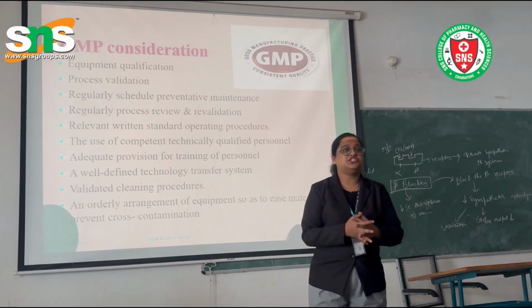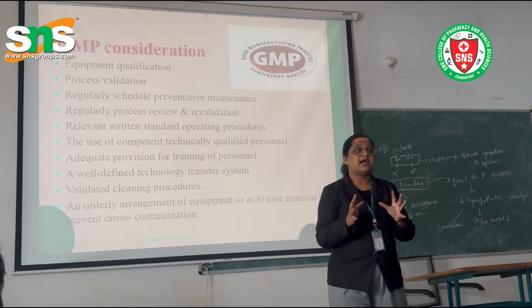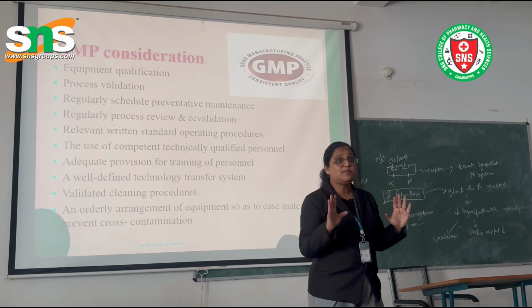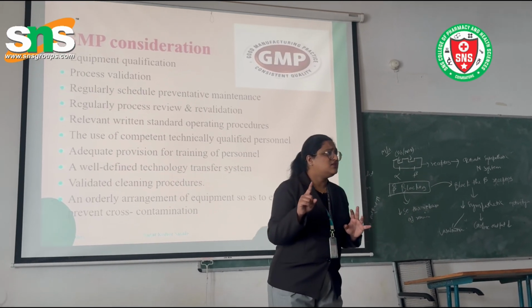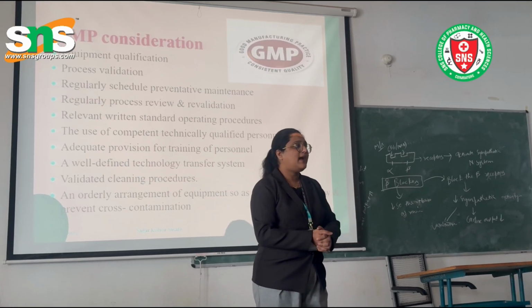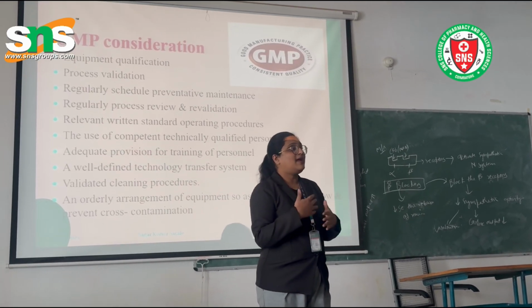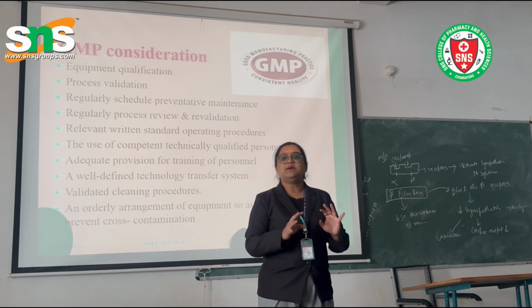And finally, in the GMP considerations, you should prevent cross contamination. This is very important. Have you ever heard of laminar airflow? Laminar airflow and HEPA filters must be there in the pilot plant so that we can avoid cross contamination. So these are the GMP considerations.